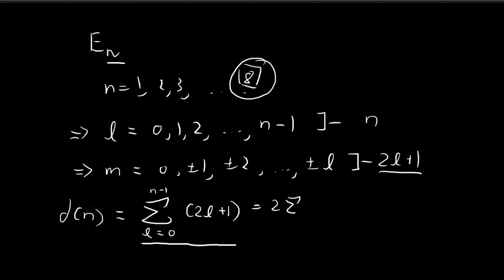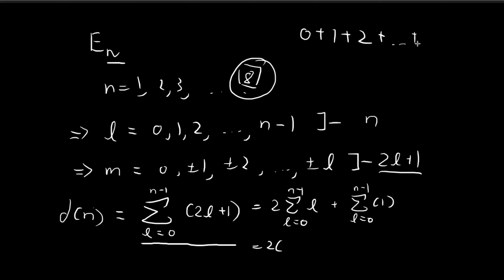We can break this up into two parts. We have 2 times the sum of L, where L goes from 0 to n minus 1, and then a summation of n terms where all the terms are just equal to 1. Evaluating the first sum is just 0 plus 1 plus 2 all the way to n minus 1, so we can use the formula n minus 1 times n divided by 2.